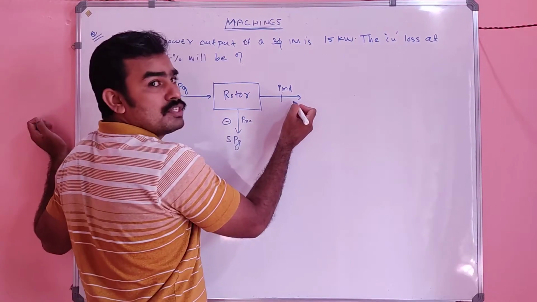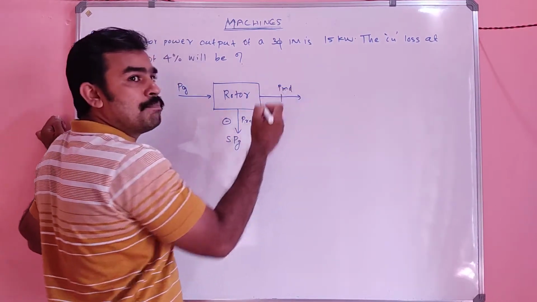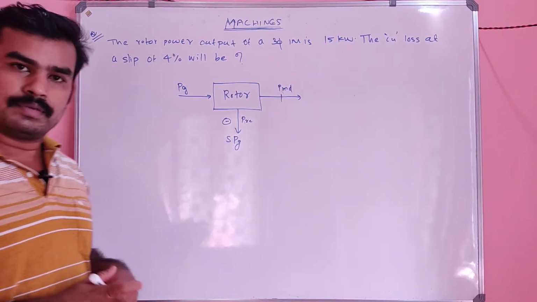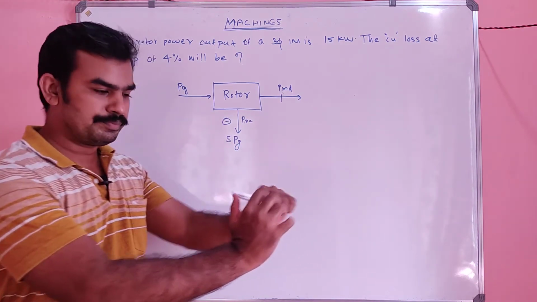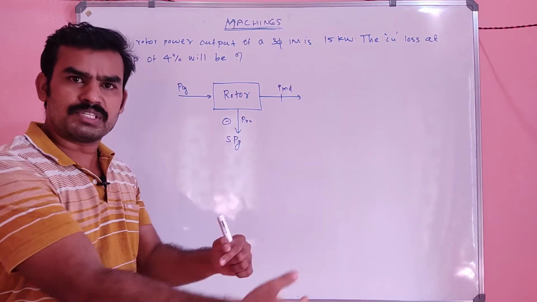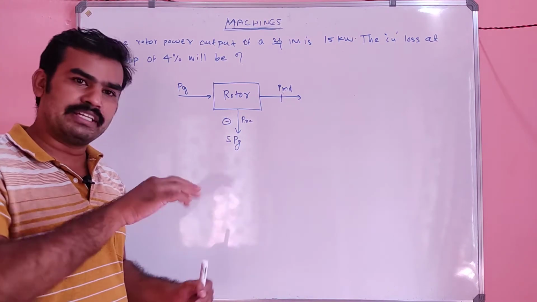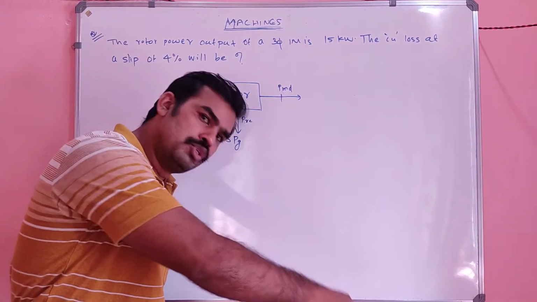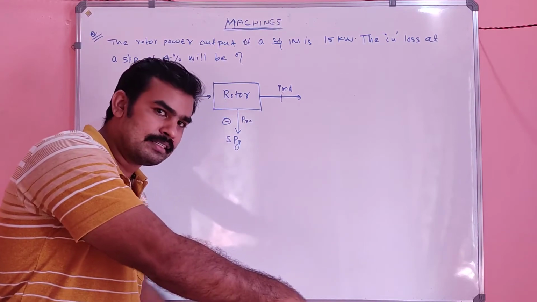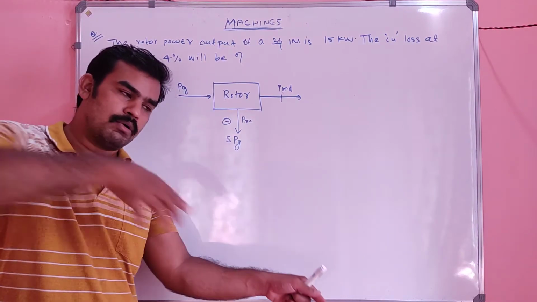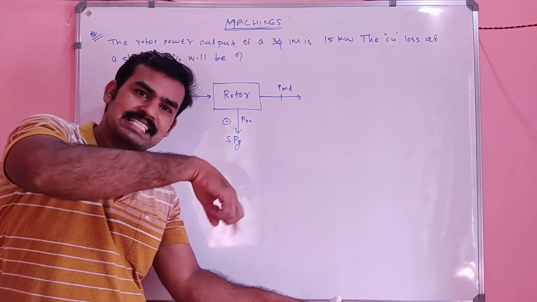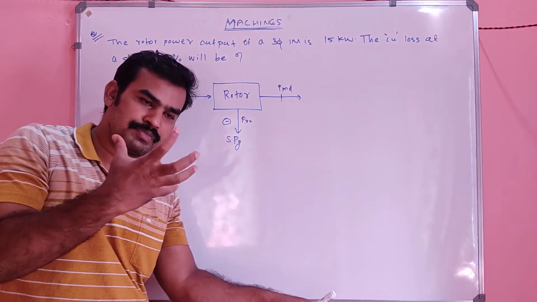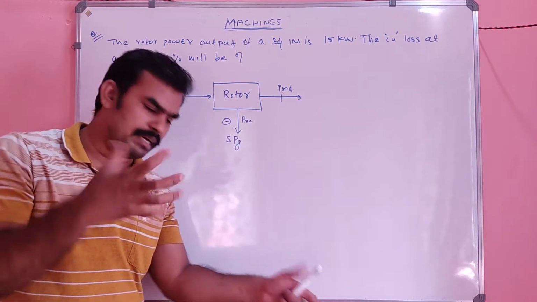And from this mechanical power developed, we gave the input power, or there will be some losses, rotor copper losses, after the current enters inside the rotor, right? Due to that journey, there will be some rotor copper loss inside the rotor, I mean rotor bars, simply rotor.